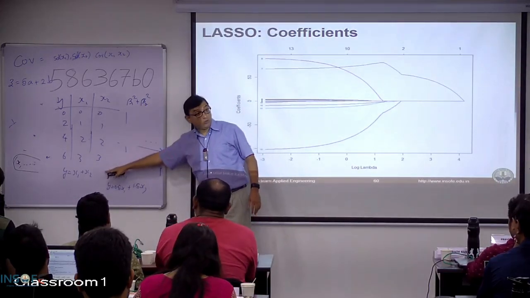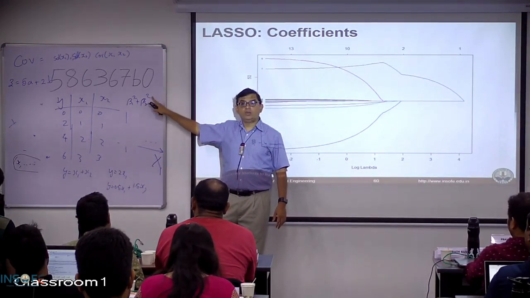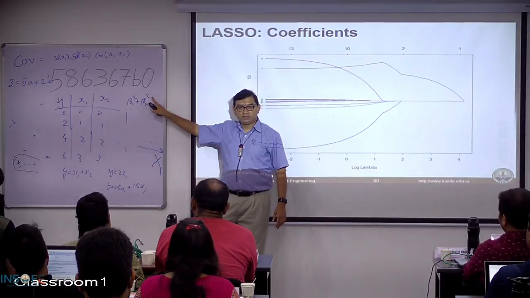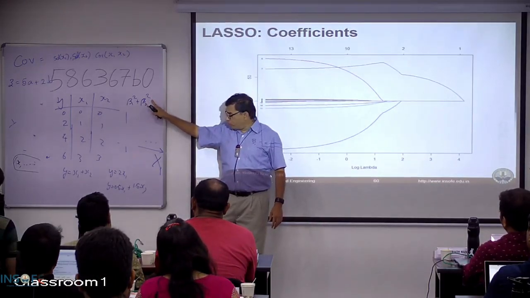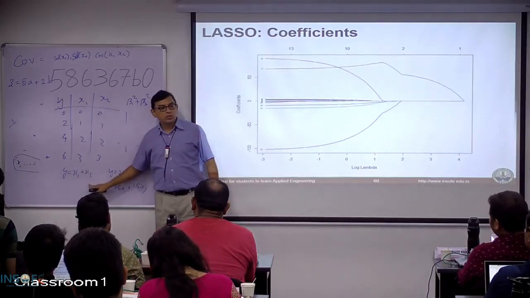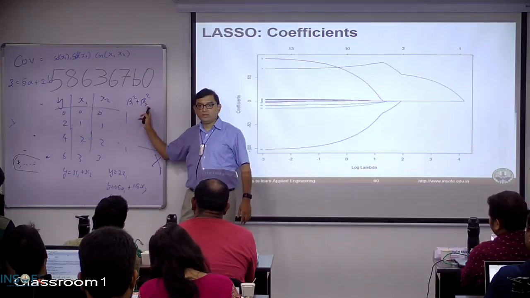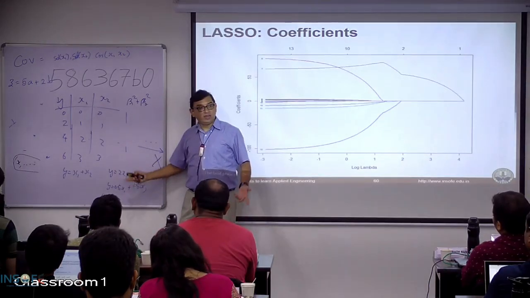Of all of these infinite possible solutions, which one minimizes beta 1 squared plus beta 2 squared? We did this, right? For this particular problem, we chose this answer, x1 plus x2, where both these features are there. That is what minimizes this number. Any of the other guys, it doesn't minimize.